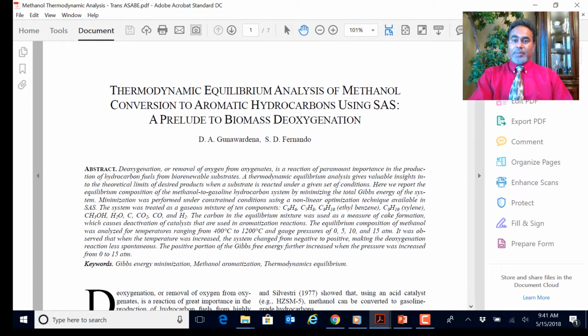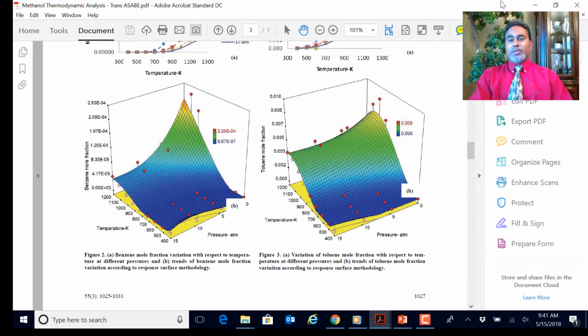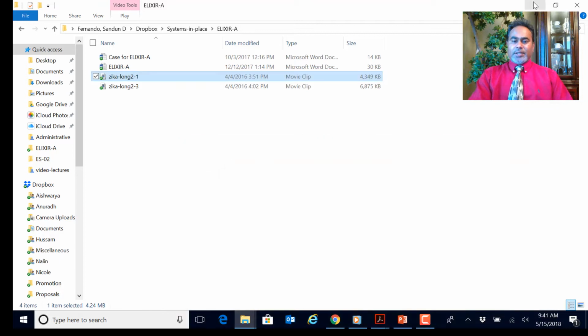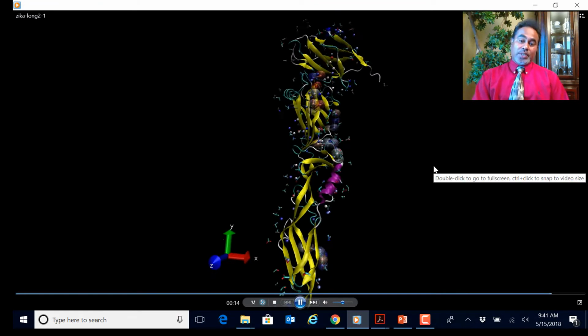Another example looks at thermodynamic conversion of other oxygenates as a prelude to biomass deoxygenation, or producing gasoline, diesel, kerosene or jet fuel type hydrocarbons from biomass-based oxygenates. Basically, we try to teach you the basics that would lead you to do these types of interesting analyses in this class.